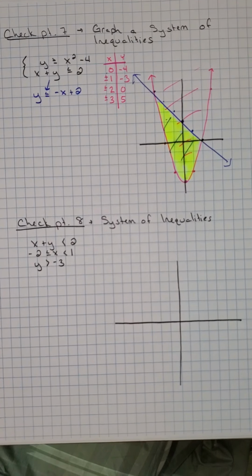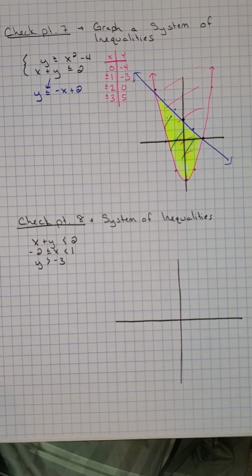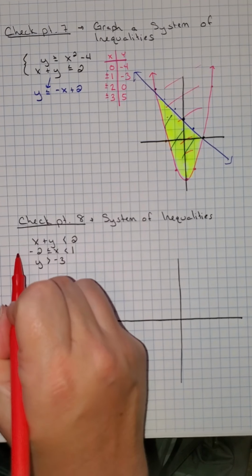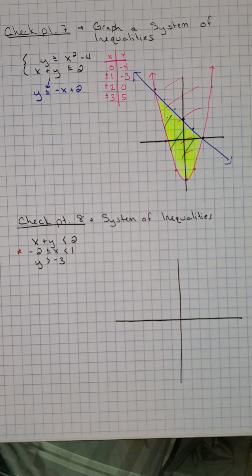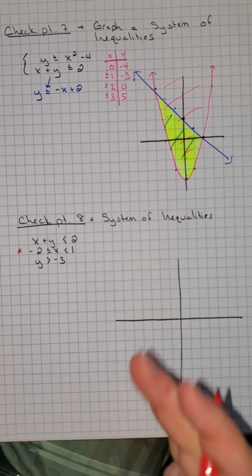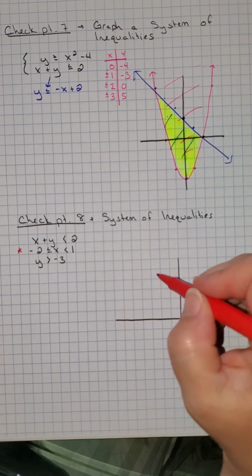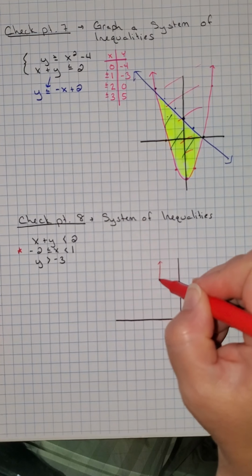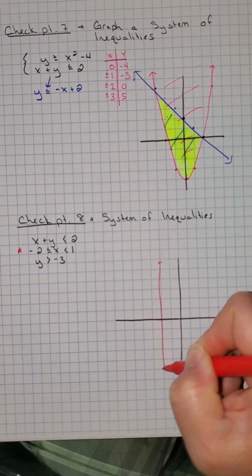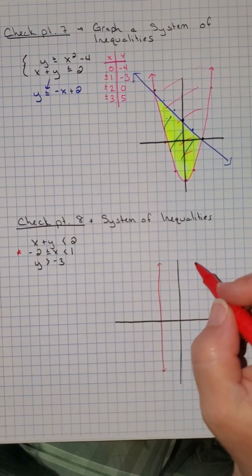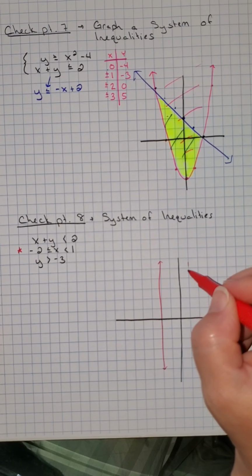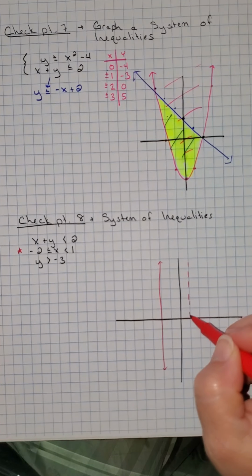I'm actually going to start with the x part, where negative 2 is less than or equal to x, which is less than 1. So that means x has to be between negative 2 and 1. Negative 2 would have a solid line because it's got the equal to. And 1 would have a dotted line because it's just less than.